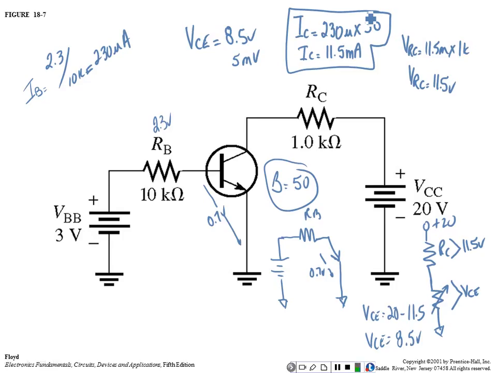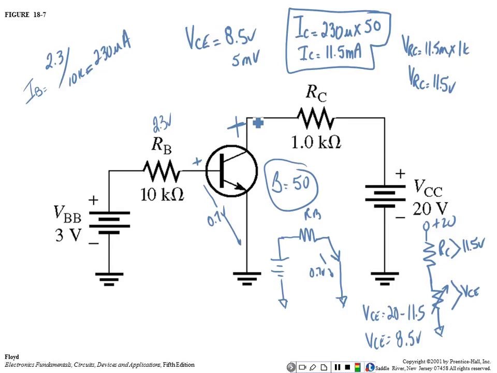VCC is big, and that's what we're trying to do to forward bias the transistor. A PNP, we got to have this. So since the emitter is common, the base has to be positive with respect to the emitter. But it's a tiny positive because it's only going to be about 0.7 of a volt, right?